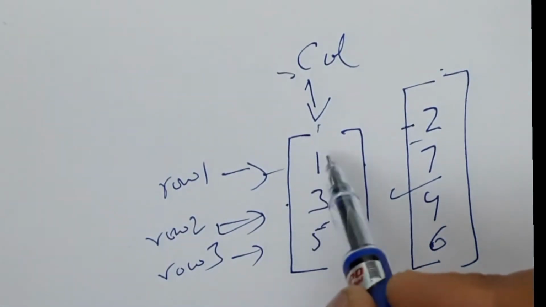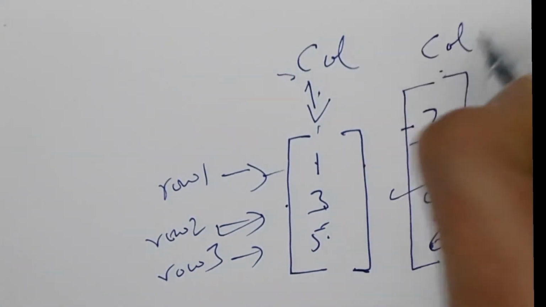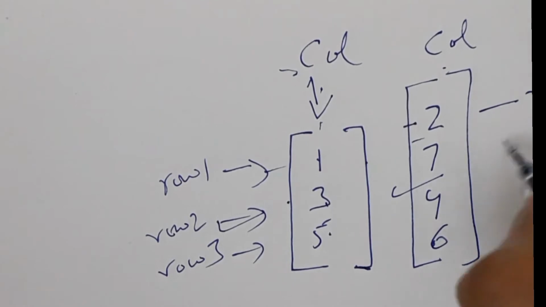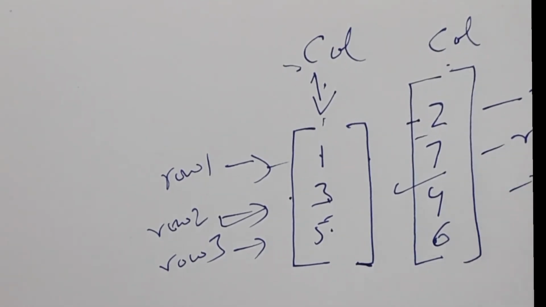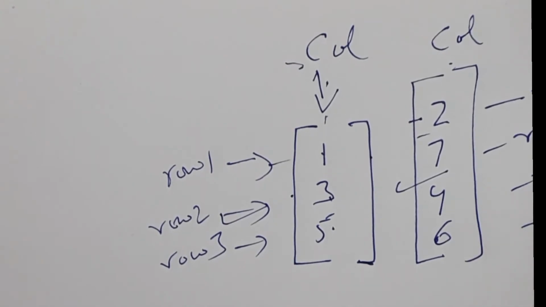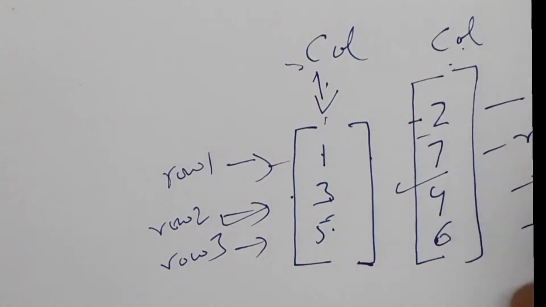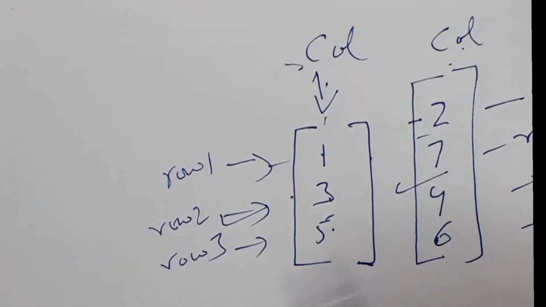So this vector has three rows and one column. Similarly, this vector also has one column and four rows. Right? So, rows and columns. Usually a vector has one column and more than one row generally.